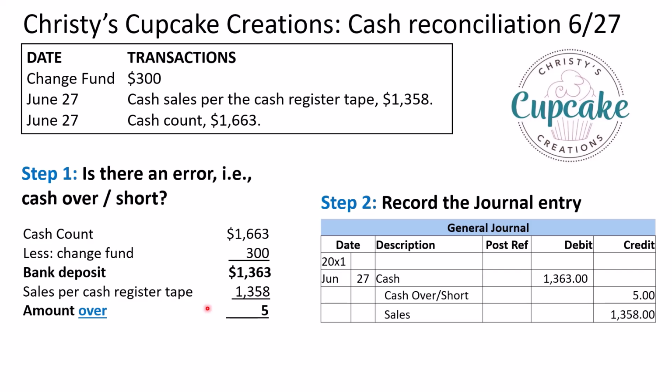It is credited to the cash over short account. We're now going to record the journal entry by debiting cash for $1,363 on the first line. On the second line, we slightly indent, credit cash over short for $5. And on the third line, we credit the sales account for $1,358.